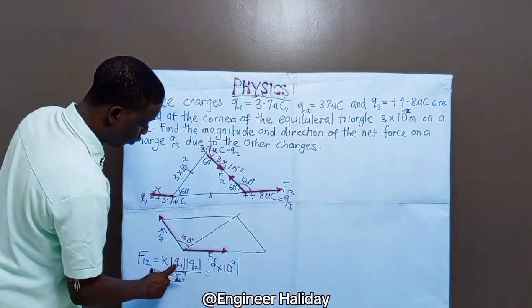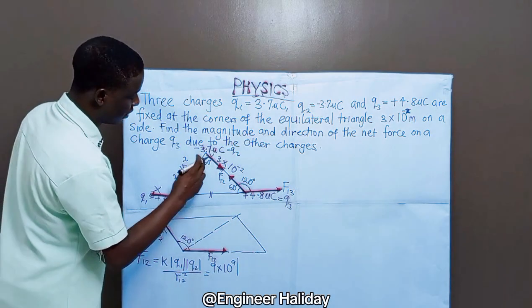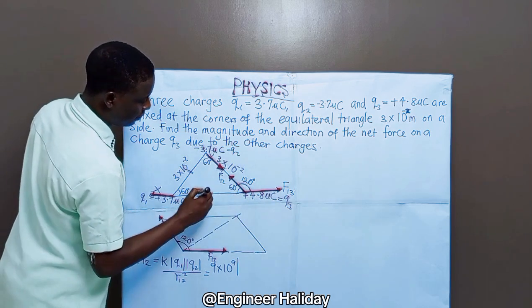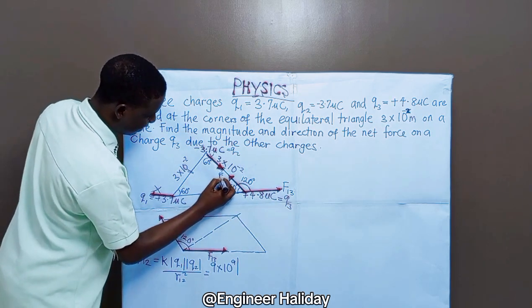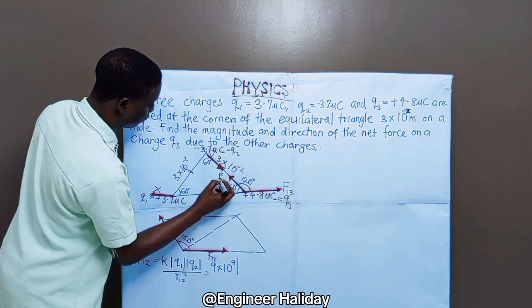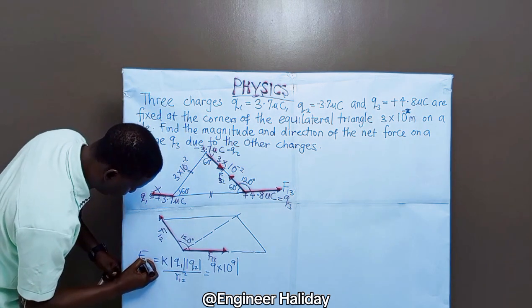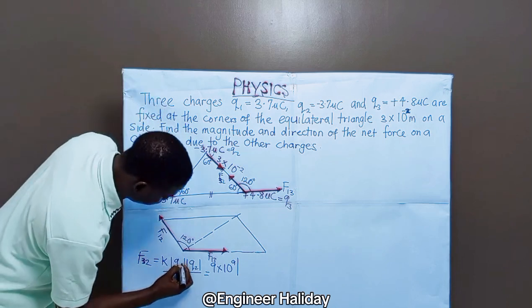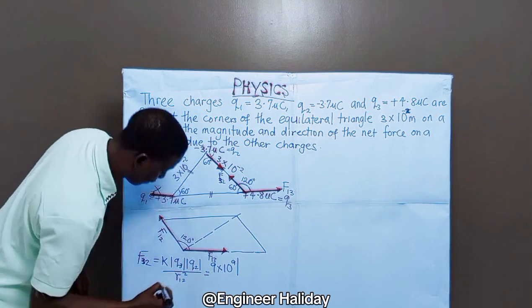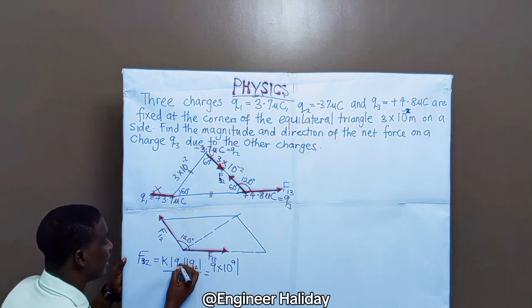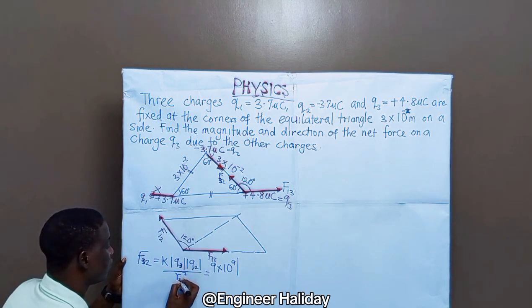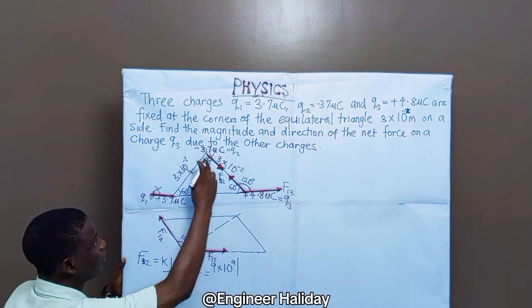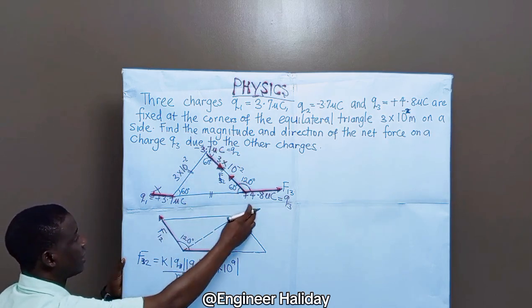Sorry, this one should be 3 times 10 to the power minus 2. Let's correct that. This one is also 3 times 10 to the power minus 2. So we are calculating the force between Q2 and Q3.